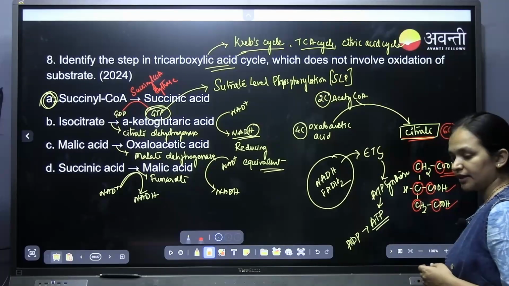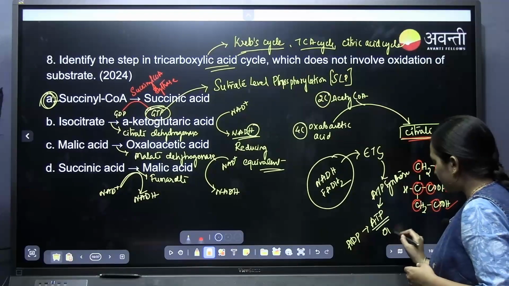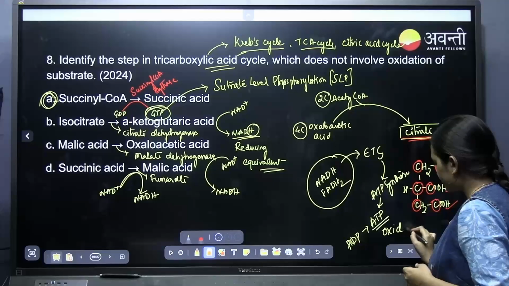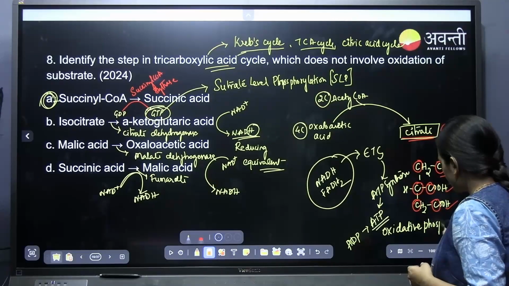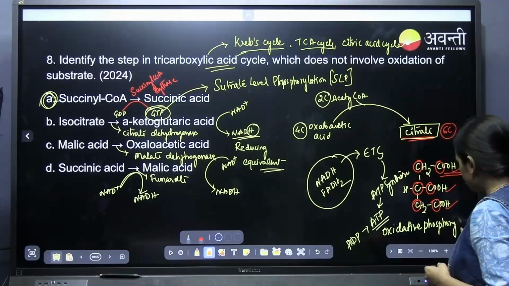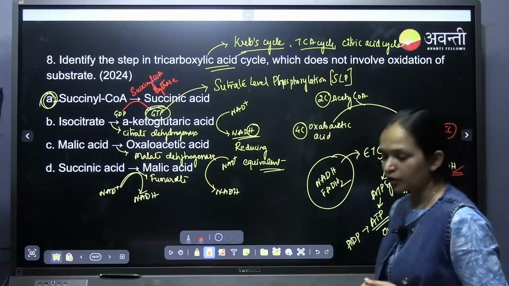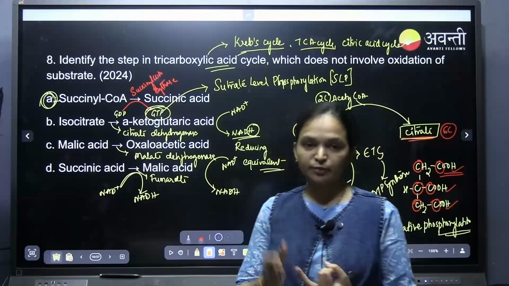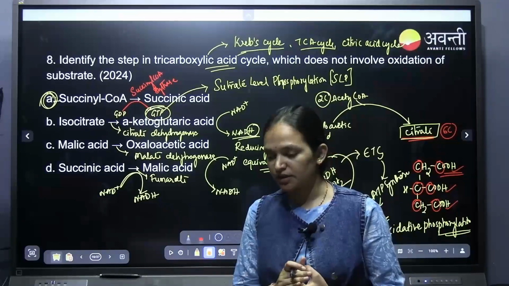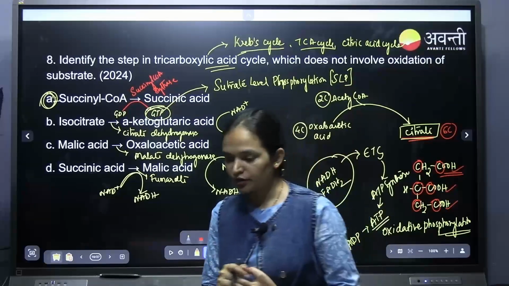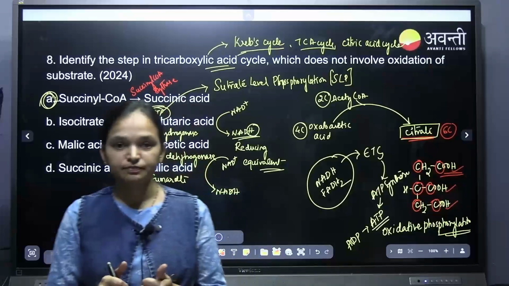This ATP production we call oxidative phosphorylation. Three types of phosphorylation. Understood? Where the substrate level phosphorylation is taking place, where the oxidative phosphorylation is taking place, and where photophosphorylation is taking place. Okay, if you are understanding, just give me a quick thumbs up.